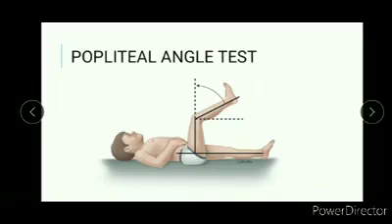The second test which can be used for assessing the spastic compromise in the length of hamstring is the popliteal angle test. It is a velocity-dependent test. We know the spastic muscle responds to sudden stretch. While performing this test, the child should be kept in supine lying with the hip joint in 90-degree position.